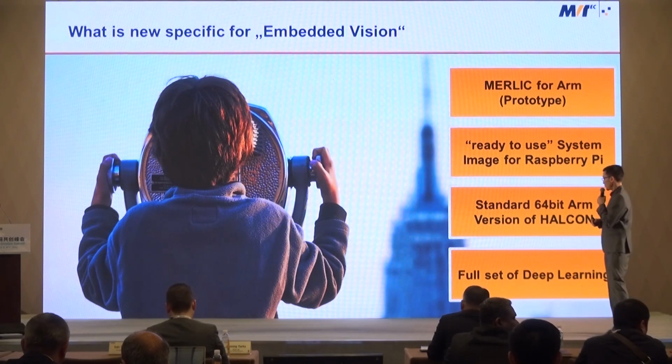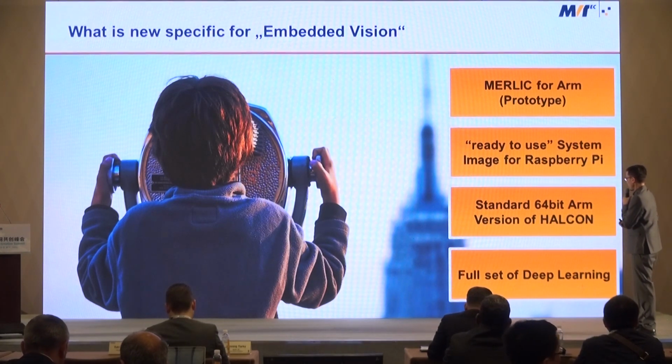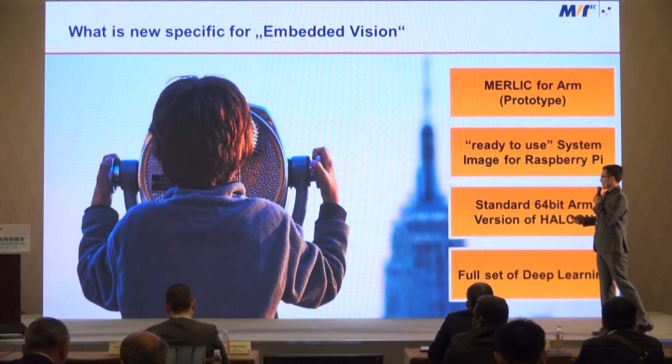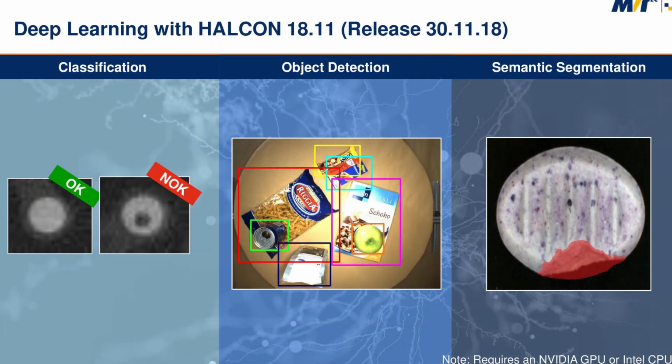Or the NVIDIA TX2. And with 18.11, we deliver the full set of deep learning, which includes classification, which means you can distinguish images from each other in different classes. New in 18.11 is object detection, which means you can check the position inside an image with your different classes.